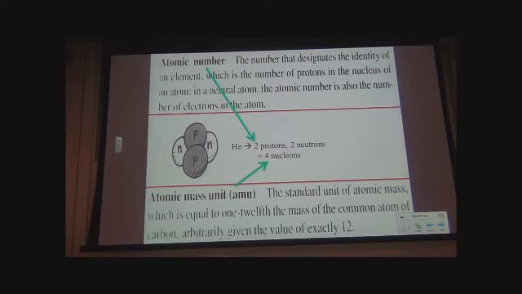So the way this is organized, if you see the blue number at the top left hand corner of each of these boxes, that number is the atomic number, which is, to a first approximation, the number of protons. If you have an element that has just one proton, that's hydrogen with atomic number 1. With 2 protons, it becomes helium.